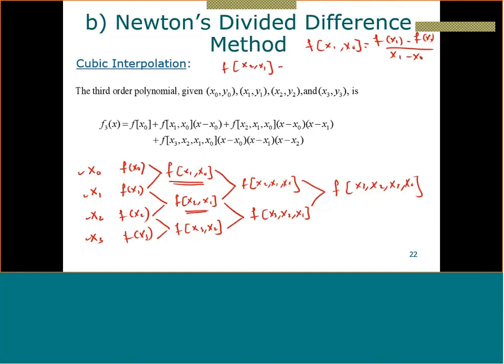With the same terminology, this will be equal to, again, this minus this divided by this minus this. So this becomes f of x of 2 minus f of x of 1 divided by x2 minus x of 1. So we finish all of those. So again, this becomes this minus this divided by this minus this.